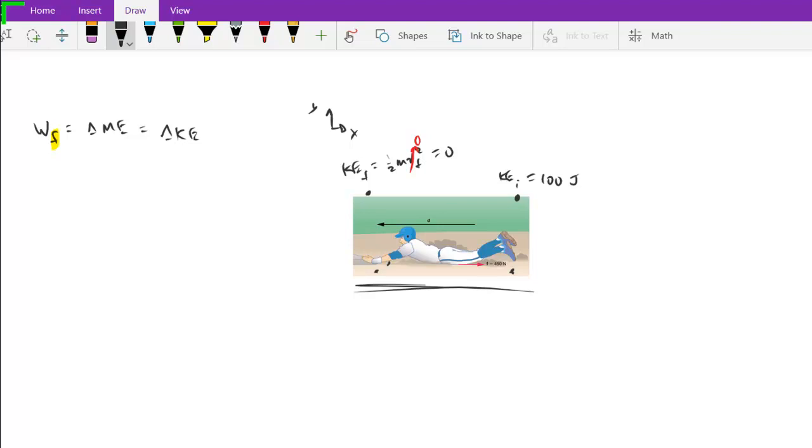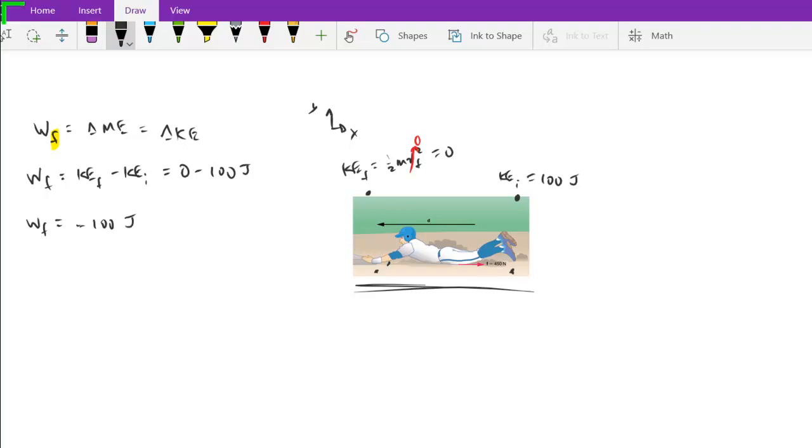It's the only force we have in that direction. So the work done by friction here is going to be equal to the final kinetic energy minus the initial kinetic energy, which is 0 minus 100 joules. And so we have the work done by friction is equal to negative 100 joules.